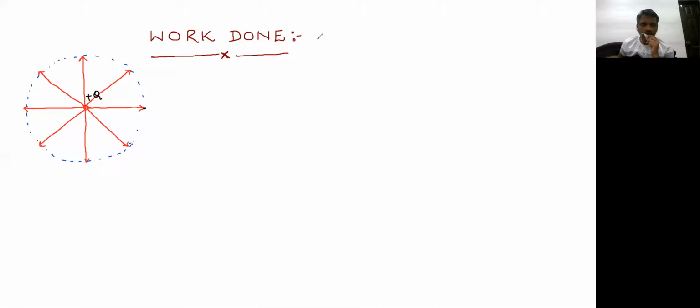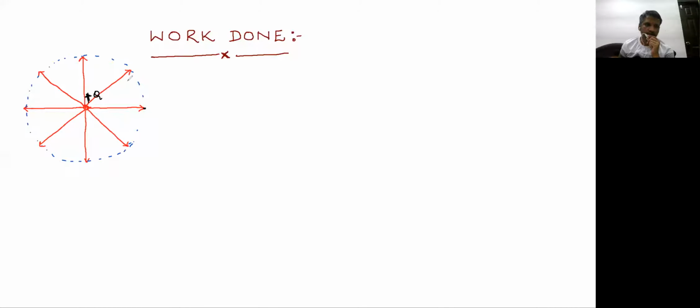In this video lecture, I'm going to present the work done in an electric field. So here, I am taking a positive charge plus Q, which is actually creating the electric field uniformly in all the directions.